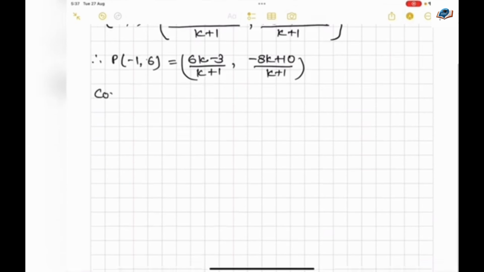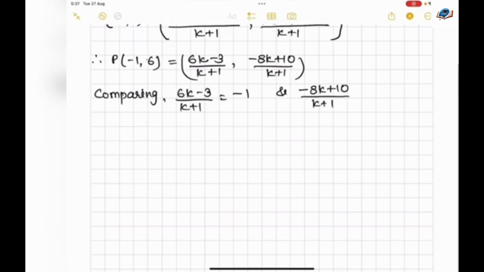Now comparing, (6k minus 3) upon (k plus 1) equal to minus 1 and (minus 8k plus 10) upon (k plus 1) equal to 6.